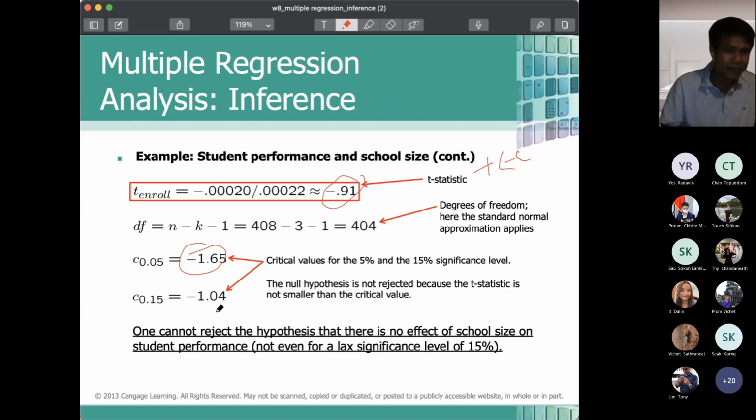If 15% is not significant, you see, we even increase the significance value to find it more. But even at 15%, still T is lower than C. All right? T is lower than C.